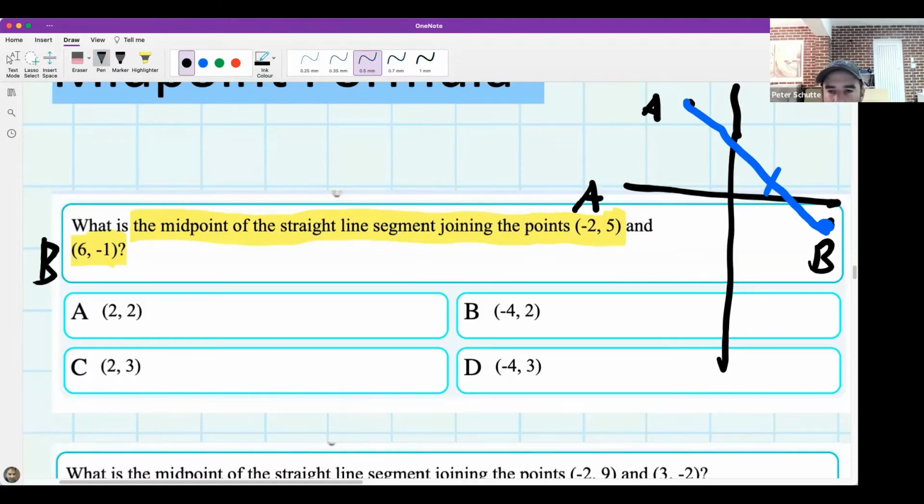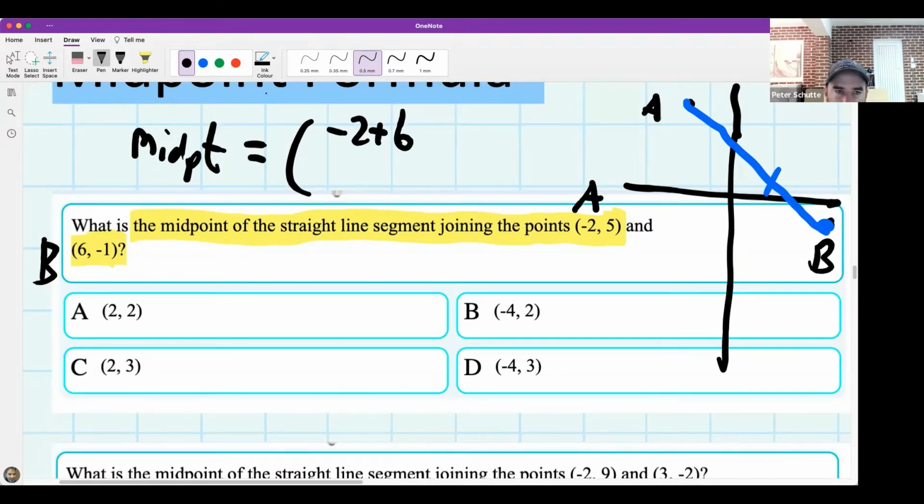So the midpoint formula, because I know a lot of you hadn't seen it, in order to find the midpoint, we add the 2 x coordinates. So we go -2 plus 6. Let's make sure I know where I'm. So there's the first. So -2 plus 6. And I divide by 2.